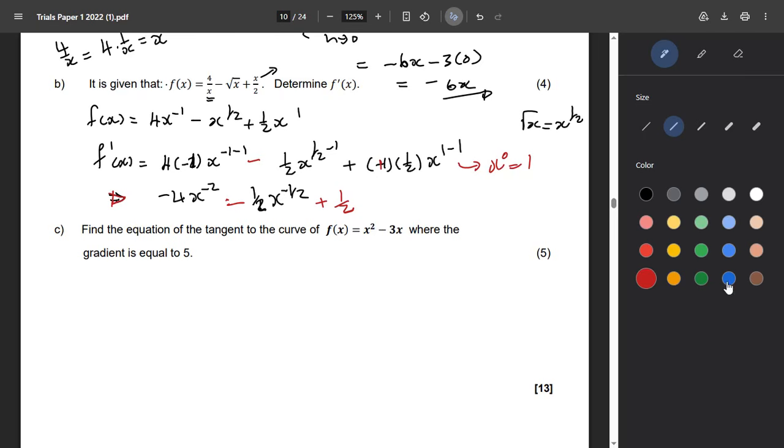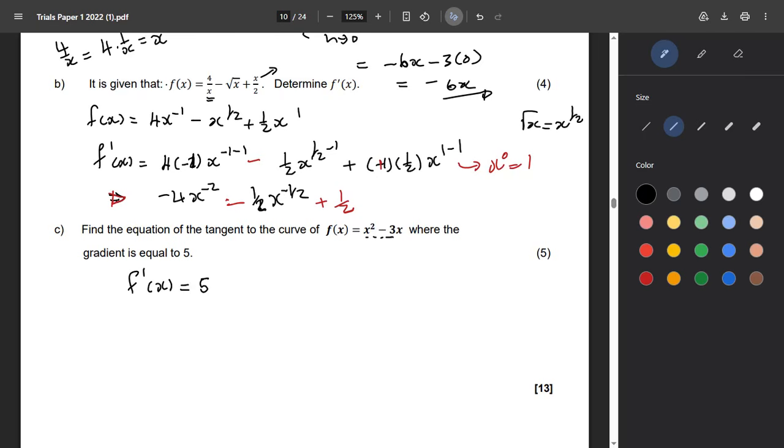Okay, so now the last question, it says find the equation of a tangent to the curve of f at x is equal to x squared minus 3x, where the gradient is equal to 5. Okay, so now we are given the gradient, we know that f prime at x is given as 5.